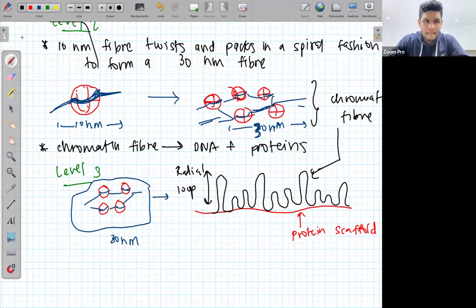Now, the chromatin fibers are the ones that form the radial loops, right?